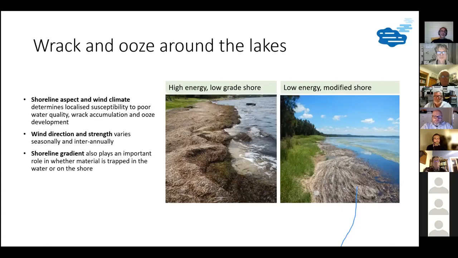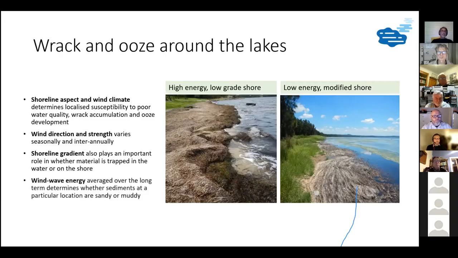Obviously, the shoreline gradient plays a really important role in terms of whether material is trapped in the water, as in the right-hand photo, or whether it's forced up onto the shoreline in the left-hand photo.